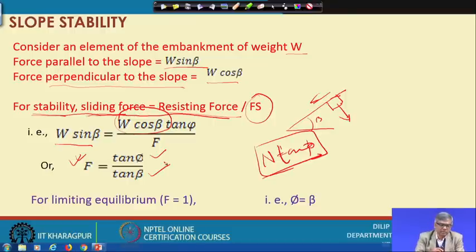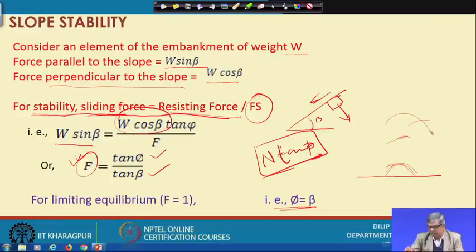So this is the definition. If I keep F equal to 1, that is the limiting condition, and in that case it means phi equals beta. So that means what I mentioned at the beginning: if I dump sand here on the ground surface, and make a dump of great height, then ultimately this dump cannot be vertical.